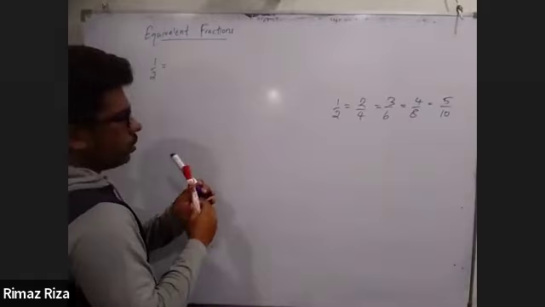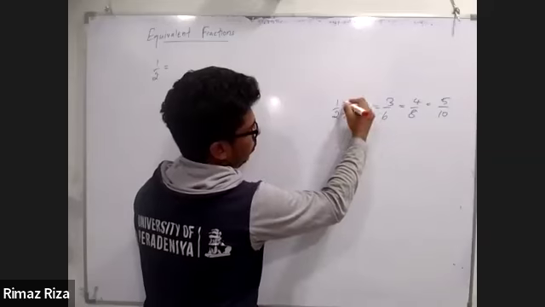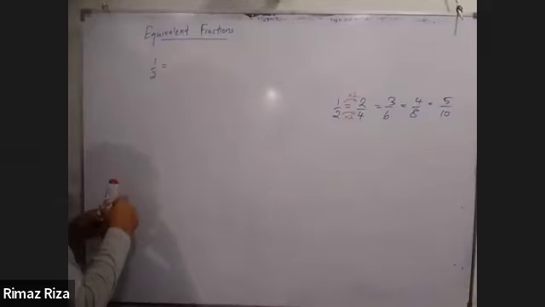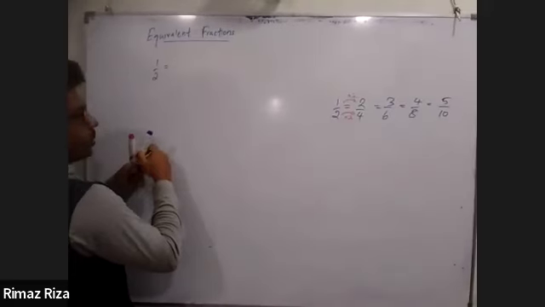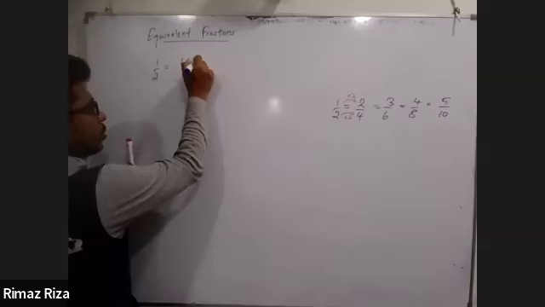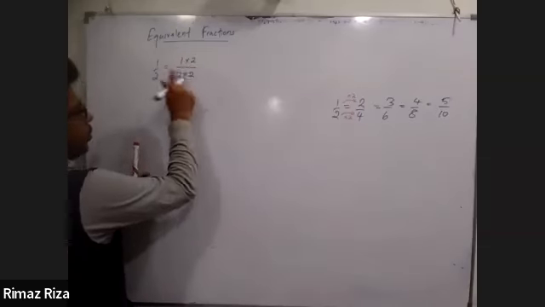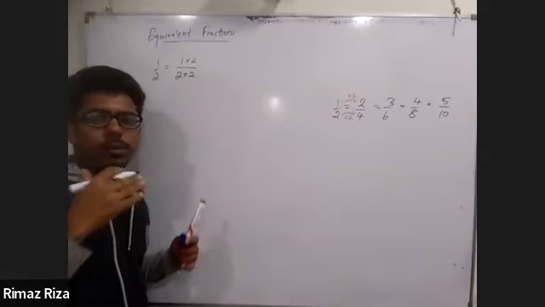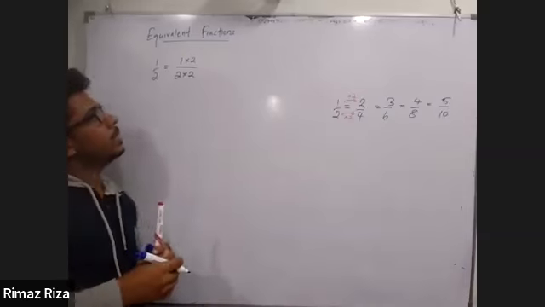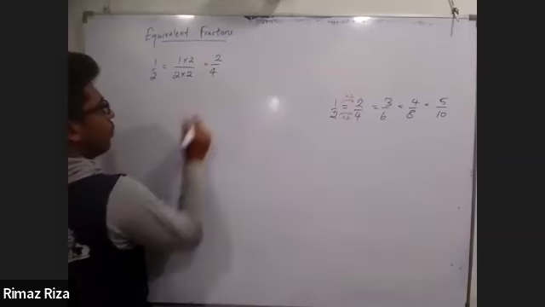So here you multiply this by 2, then this also you have to multiply by 2. Right? So you will get 2 out of 4. So here 1 into 2, then again 2 multiplied by 2. If you multiply the numerator by one number, the denominator also you have to multiply by the same number. So you get 2 over 4.